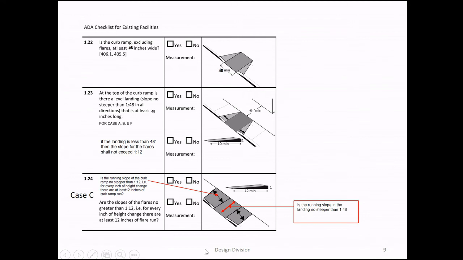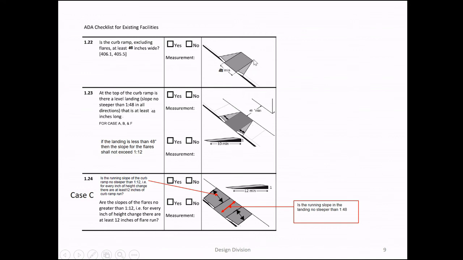Case F is fully depressed, and so this running slope here has to be less than 2%, but the ramps on the side should be 8.33 or less. So A, B, and F, we check the running slope to be 8.33.